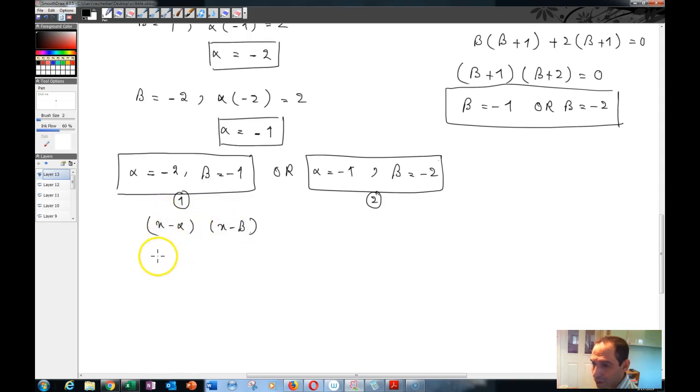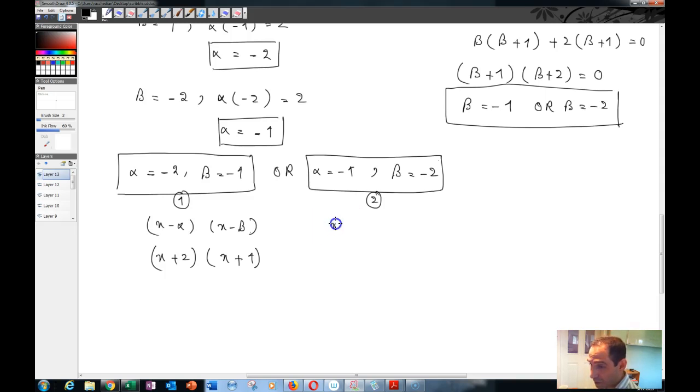I can write this as x minus alpha, which is x plus 2, times x minus beta, which is x plus 1. This is one polynomial that I can get.